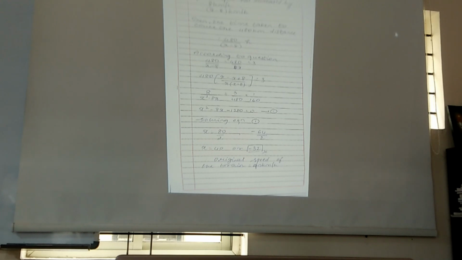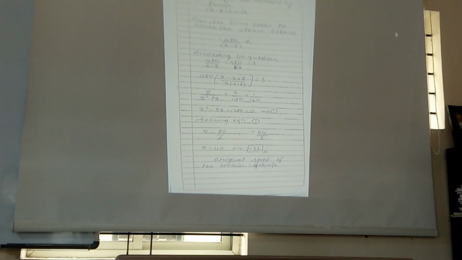When you have 480 divided by x and 480 divided by x minus 8, which one is greater? 480 divided by x minus 8 is greater than 480 divided by x. So you will subtract the smaller number from the greater one: 480 divided by x minus 8 minus 480 divided by x is equal to 3.